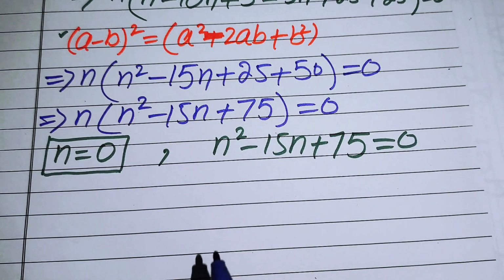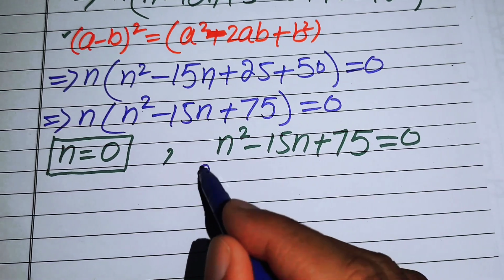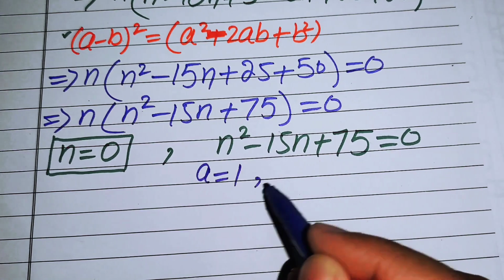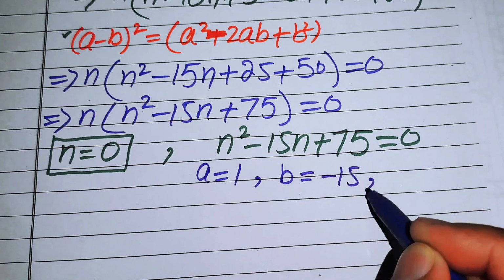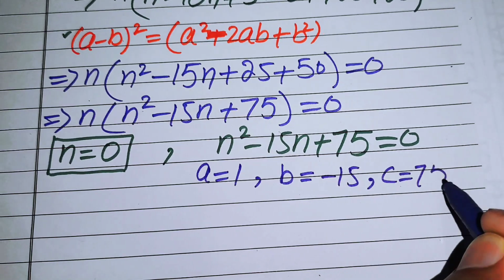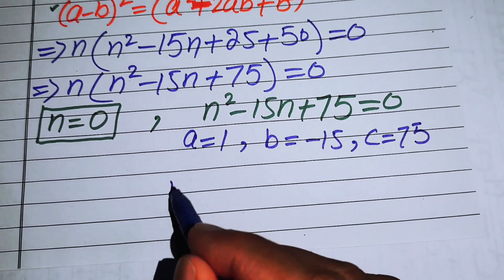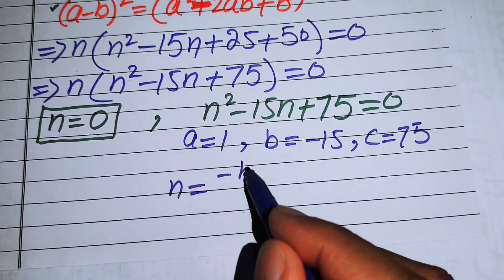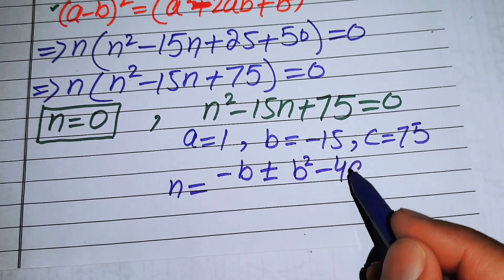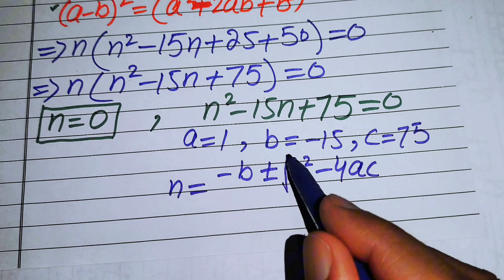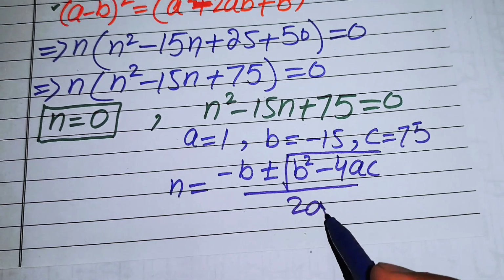So here we will use the quadratic formula, and you know that we have a equals to 1, b equals to minus 15, and c equals to 75, and our nice quadratic formula will be n equals to minus b plus minus square root of b squared minus 4ac, over 2a.